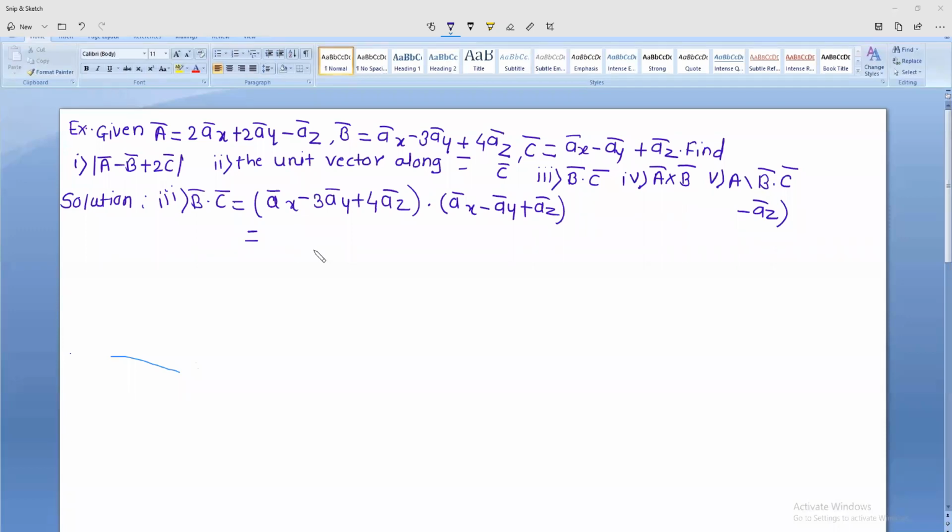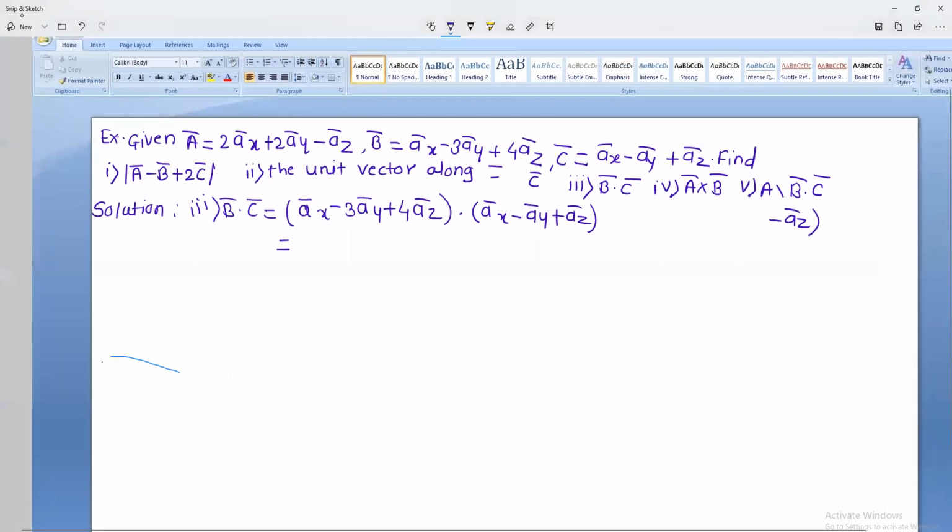8. Right. So this is a dot product. Dot product means scalar quantity, magnitude only. So just multiply the coefficients. That is 1 into 1 is 1. Then plus minus 3 into minus 1 is 3.